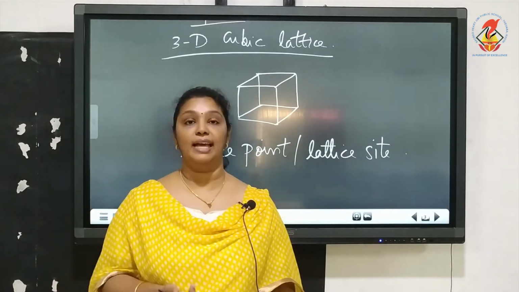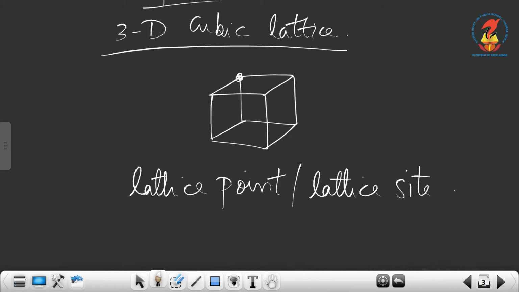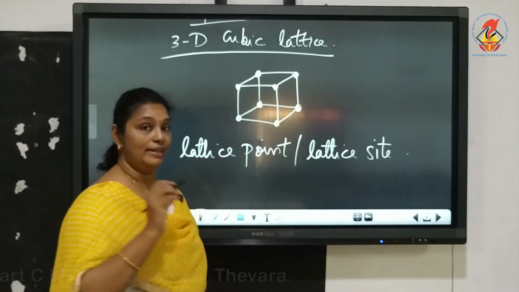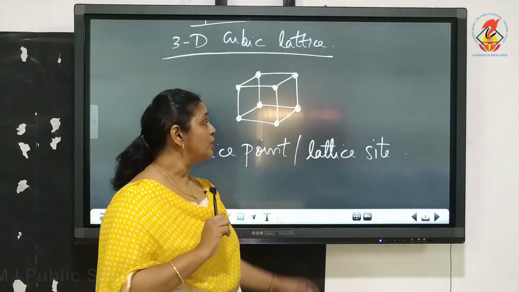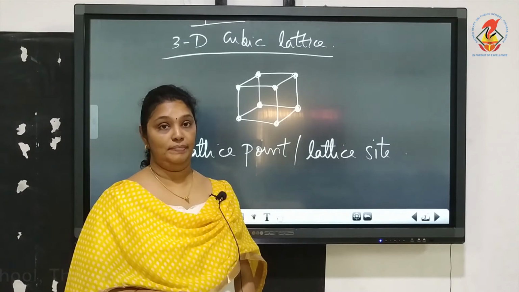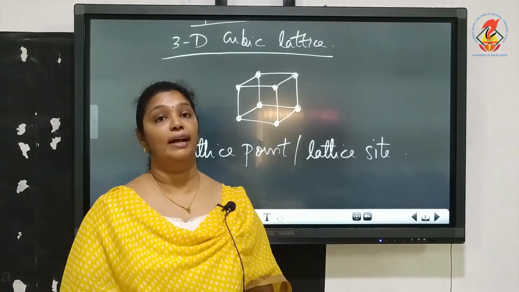So, I can say there are 8 corners for a cube. So, 1, 2, 3, 4, 5, 6, 7, 8. And these corners, which are represented by points, are known as the lattice point or lattice site. And each point represents one constituent particle. And this constituent particle can be an atom, molecule or ion.